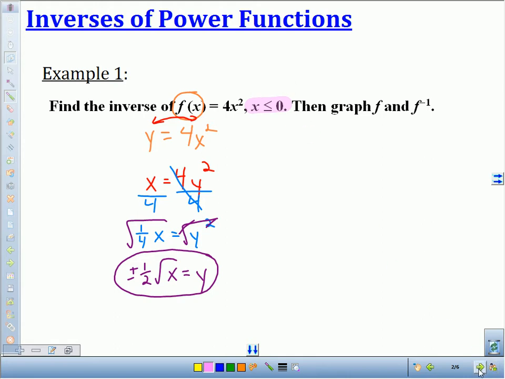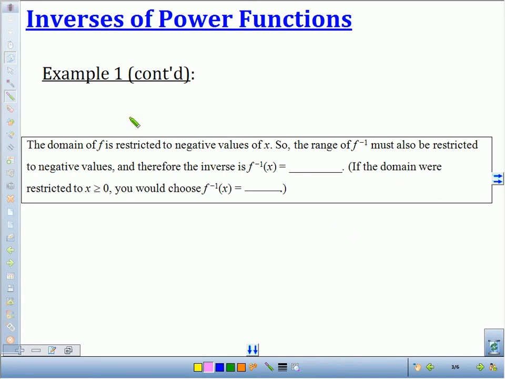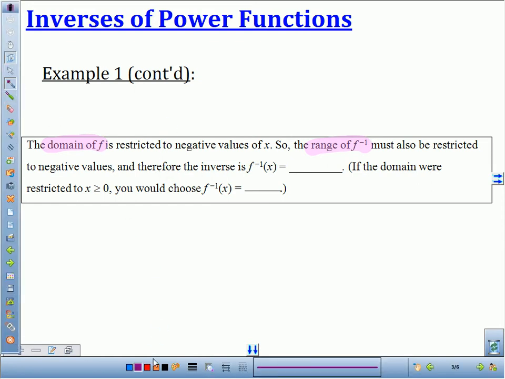Now, when we do that, it does have an effect. For instance, the domain of f in this case, the domain of the function f, is restricted to the negative values of x. What that means is the range of the inverse must also be restricted to negative values. And the reasoning behind that's a fairly simple one. As you know, for an inverse, the x's and the y's switch places.